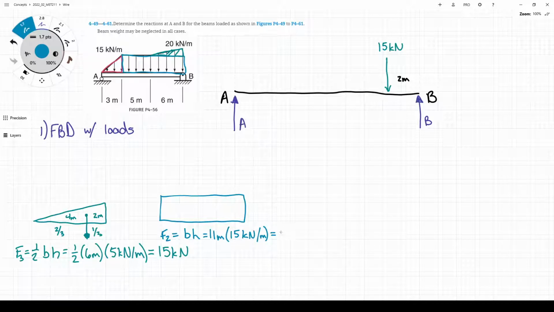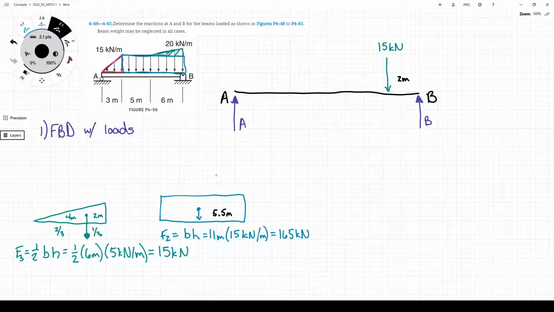That's going to give us 165 kilonewtons. And the location of that force is going to be halfway between the 2 points. So this will be 5.5 meters from point B and 5.5 meters from this point here, so 8.5 meters from point A.